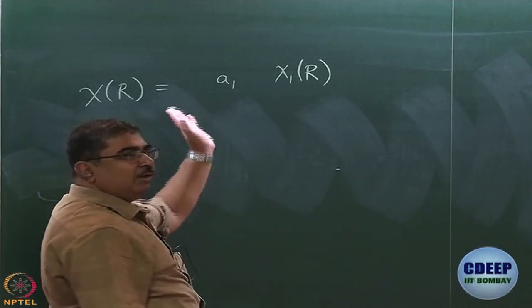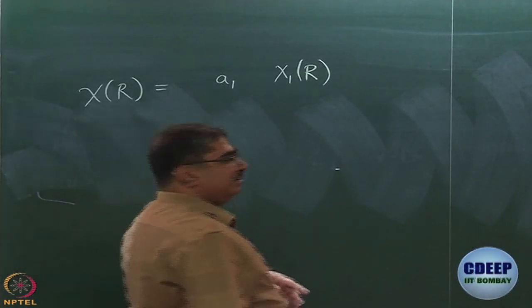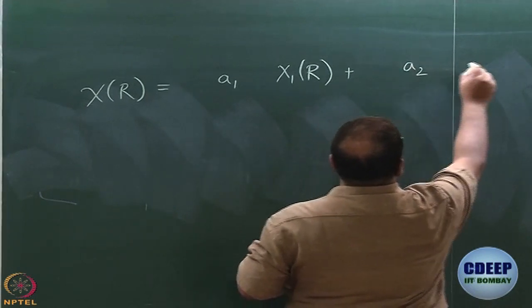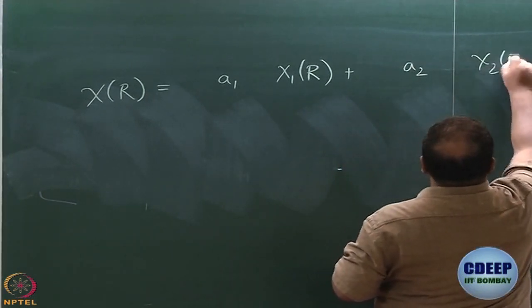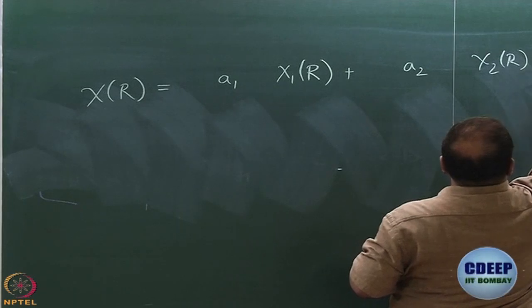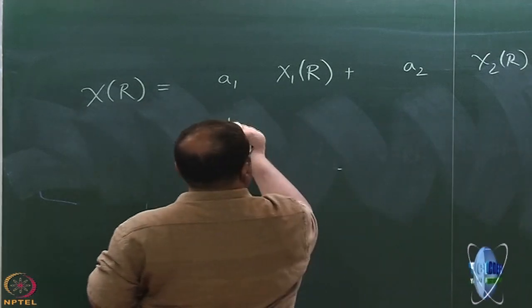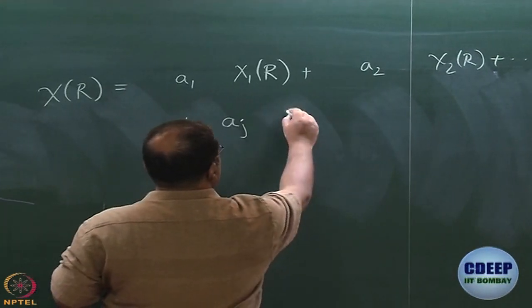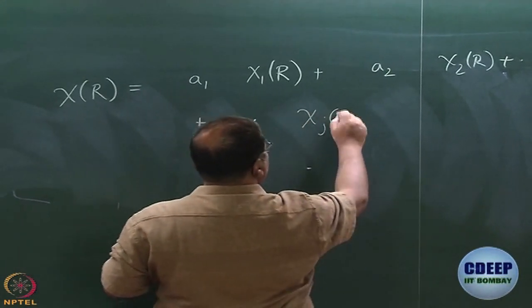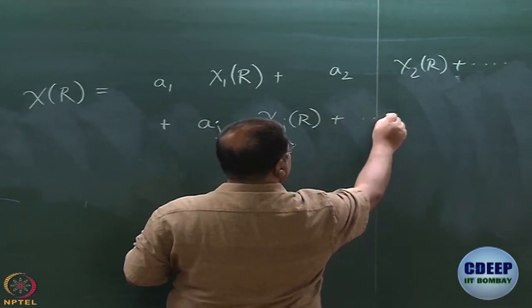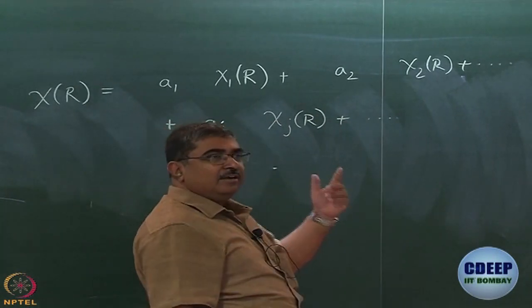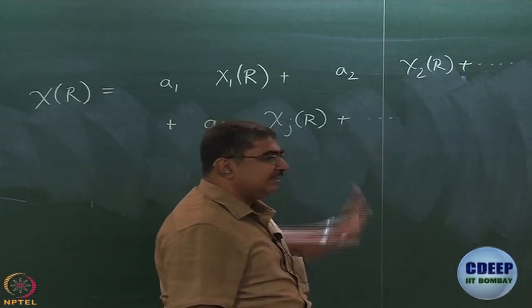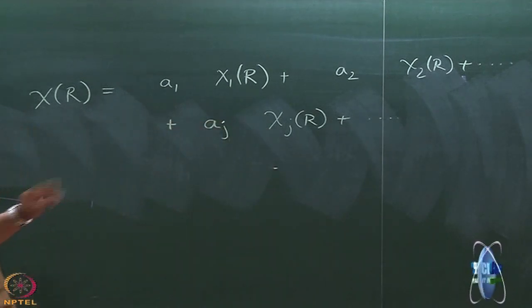You will understand in a while why I have left a space between A1 and chi_1(R), plus A2 chi_2(R), plus so on and so forth, plus let us say take some specific one, Aj chi_j(R), plus the last one. It does not matter, we will write like this. Okay, this is what it is.